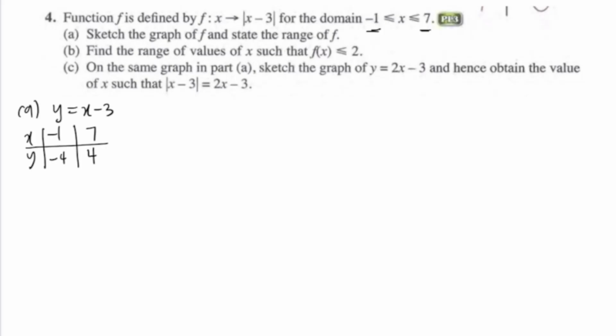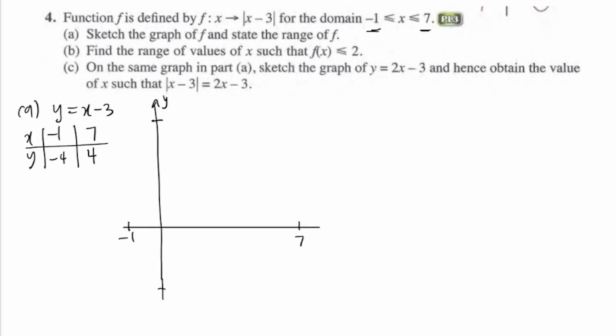So if I just draw a basic graph, it will look like this. This is -1 and 7 is further to the right. If I plot -4, it should be far below.